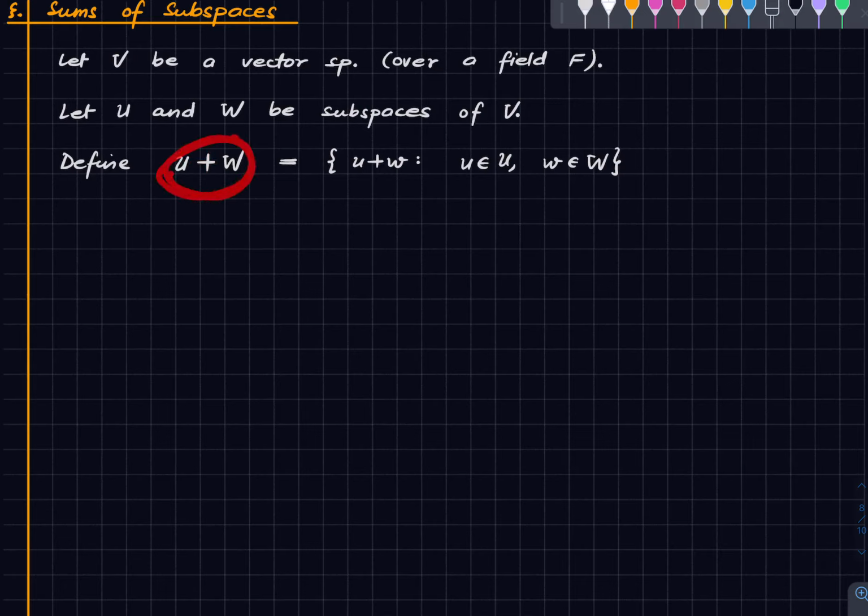This is a new thing that we are defining, while the plus in u plus w is from the vector space V. So this is the definition of the sum of U and W, and check that U plus W is a subspace. Very simple exercise.